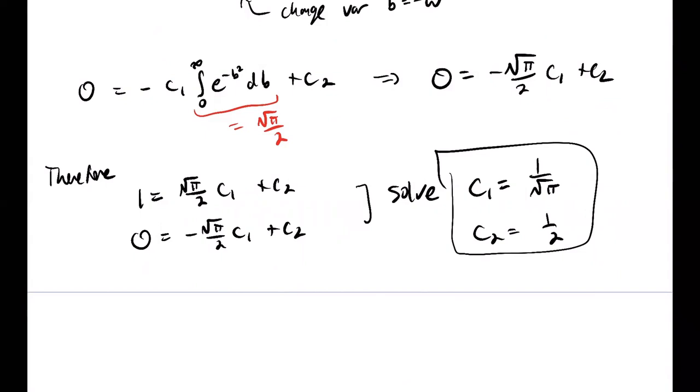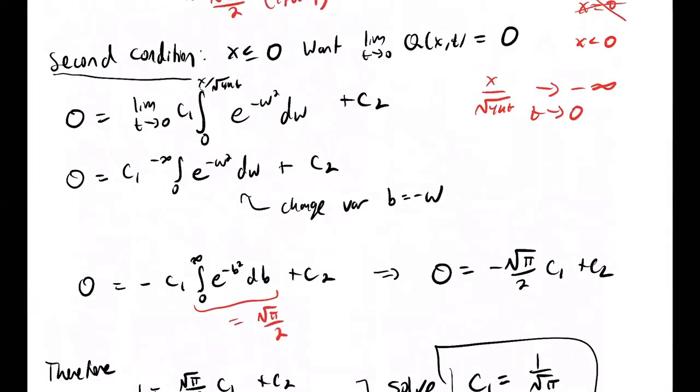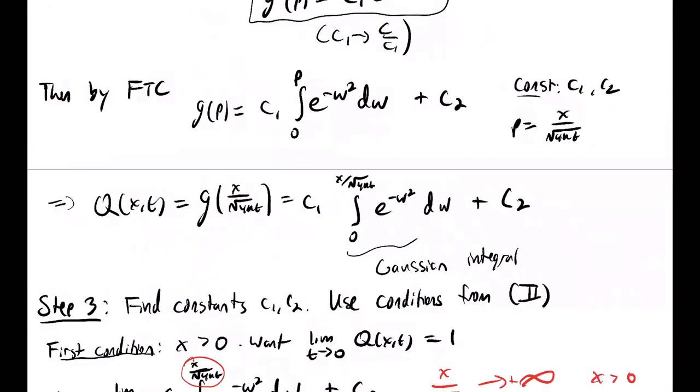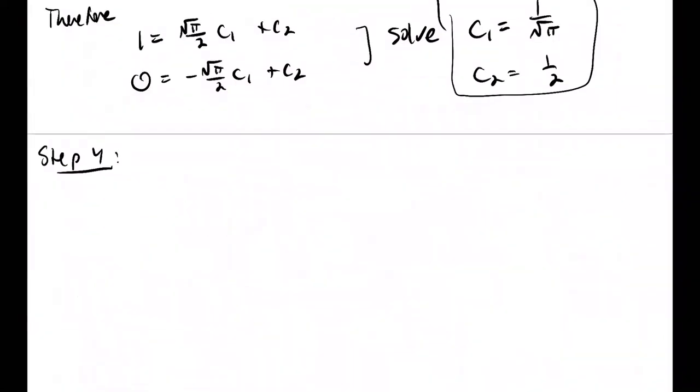Okay, and so now we're almost done. The final step is just putting everything together. If we plug these into our original formula for Q, now we know what Q has to equal. Let's plug in these constants. So Q of x,t: c1 was 1 over square root of pi, times the integral from 0 to this top bound, and we're integrating this Gaussian term.